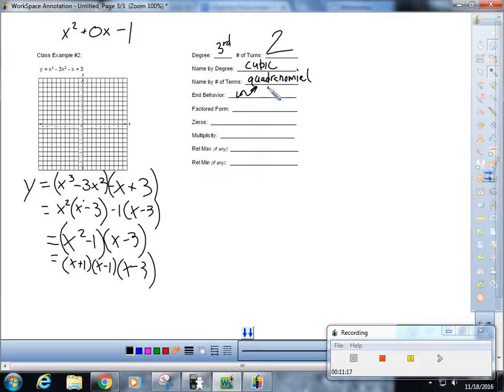It's still like this. Low to high. Factored form, x plus 1 times x minus 1 times x minus 3.